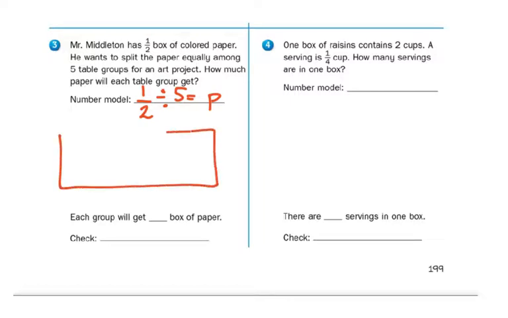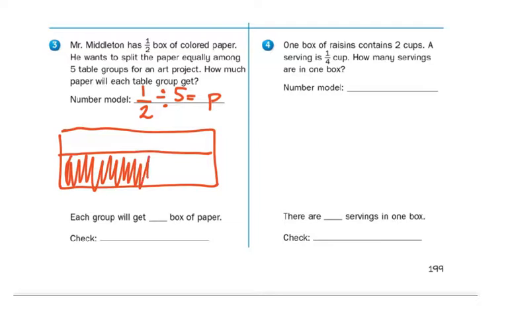Let's take that pack of colored paper. Let's divide it in 1/2 because he only has 1/2 of it. The shaded part shows me he has 1/2 of the paper packet, but then he has to divide that amount into 5 groups. How much will 1 out of those 5 groups get?